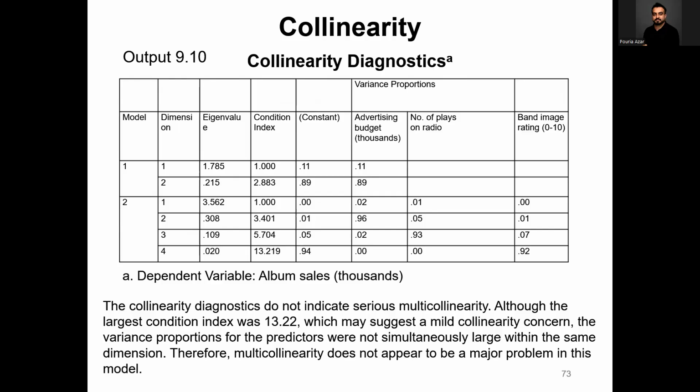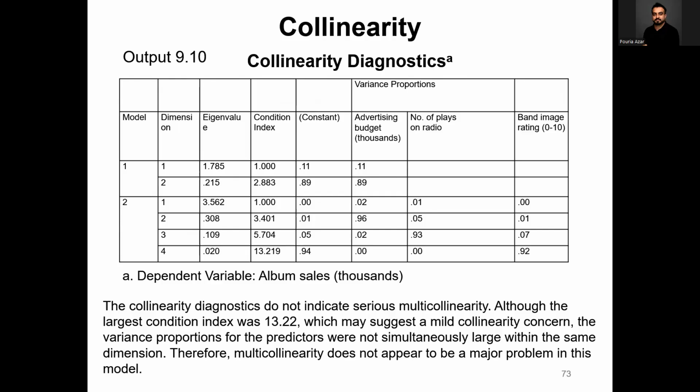So look at the three columns on the left side of the table. They indicate my predictor variables: advertising budget, number of plays on radio, and band image rating. And look at those values in rows.